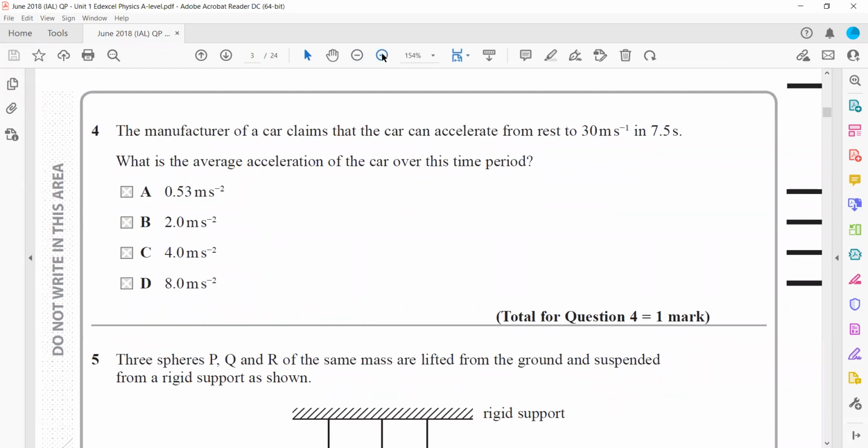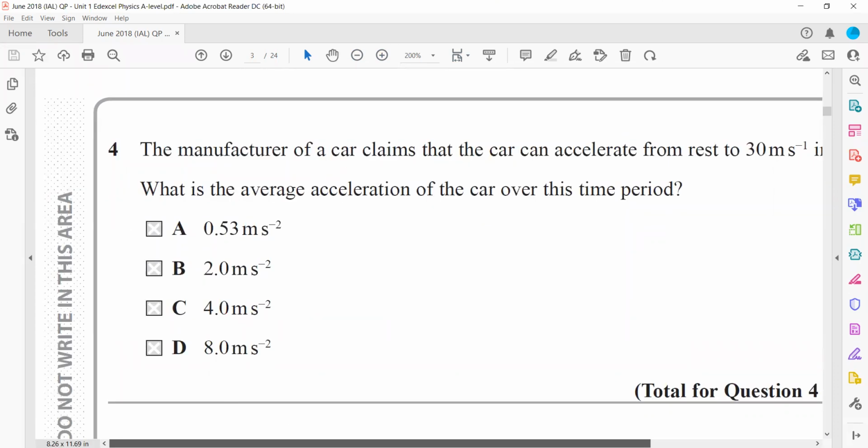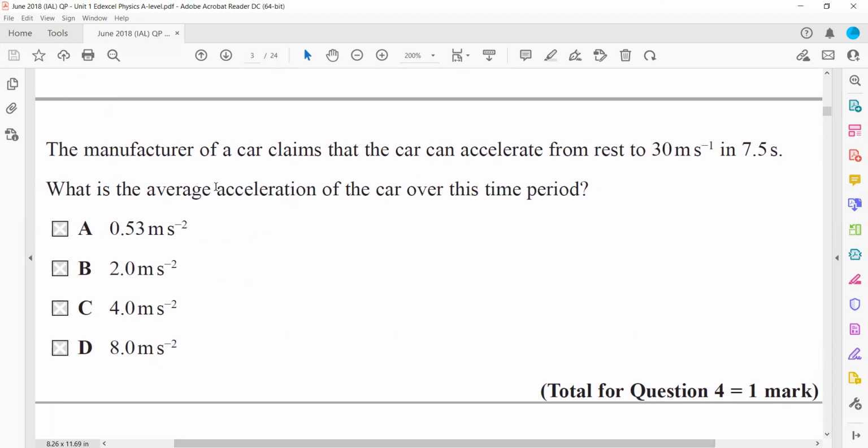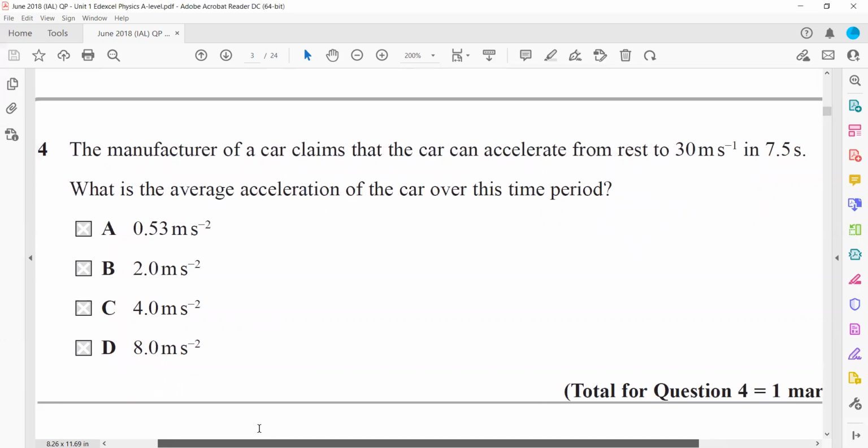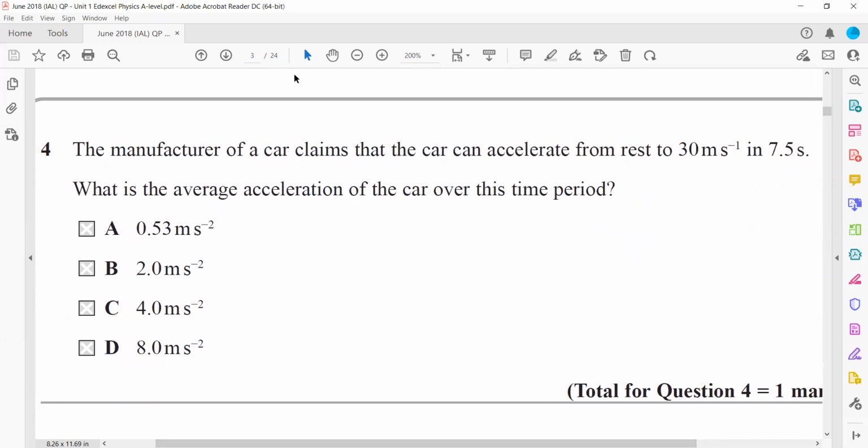The manufacturer of a car claimed that the car accelerates from rest to 30 meters per second in 7.5 seconds. What is the average acceleration of the car over this period? So how can we work out the average acceleration?